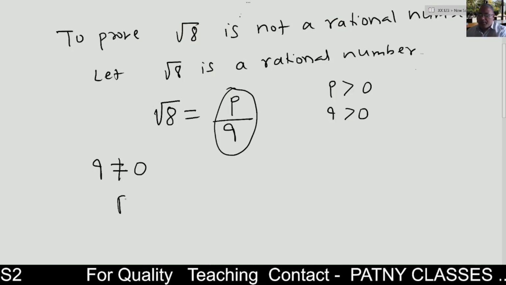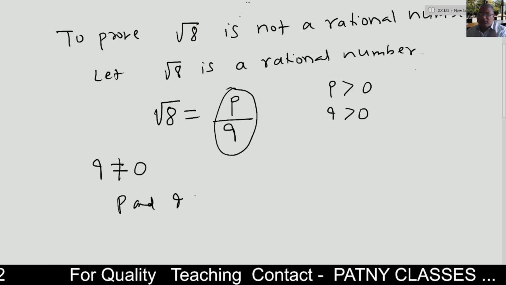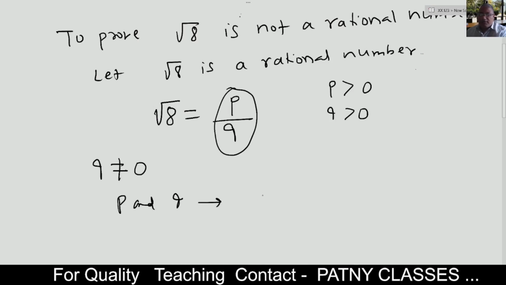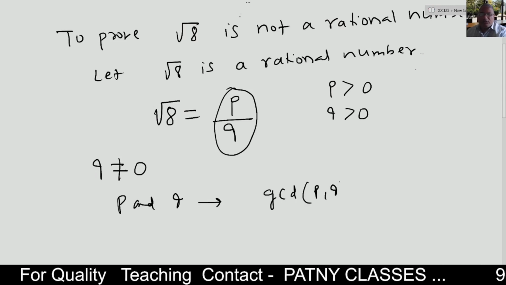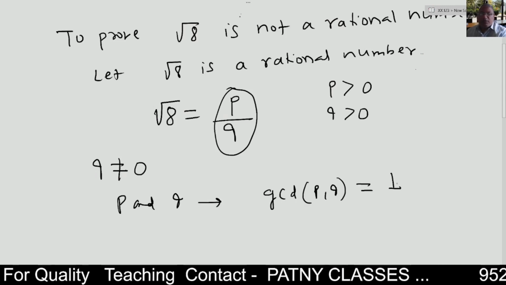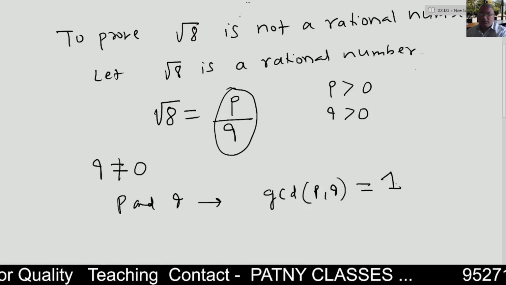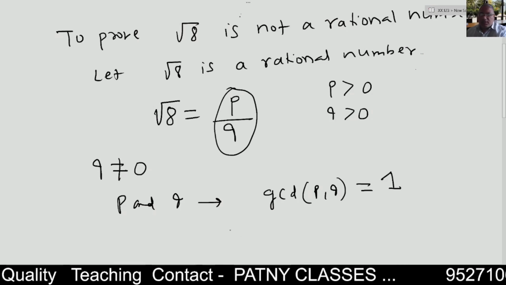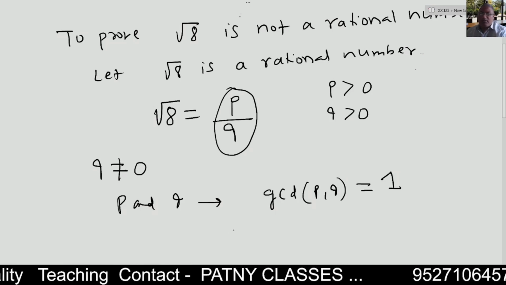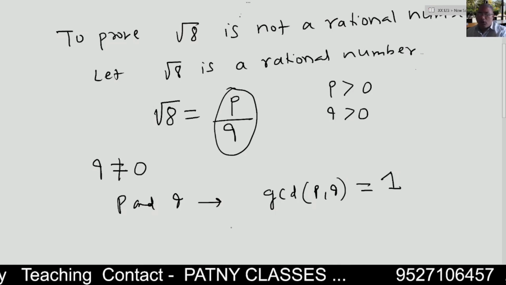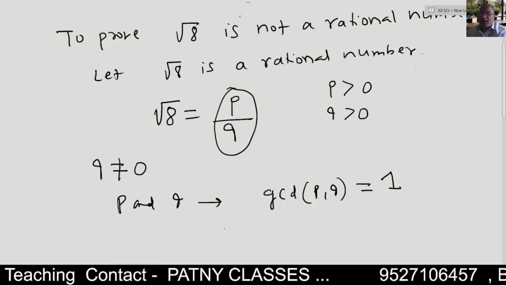Now p and q are selected such that the GCD of p and q must be equal to 1. That is, they have only one common factor, that is 1. They do not have any other common factor other than 1.